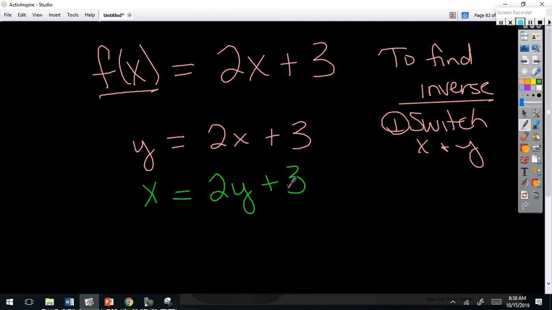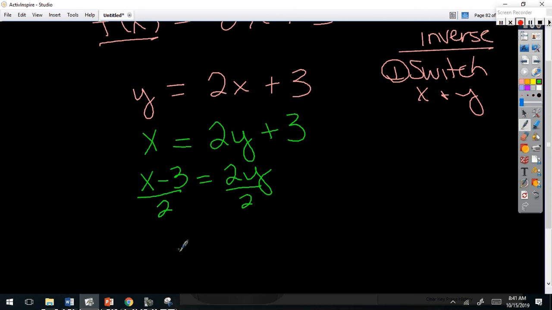Now I'm going to solve for y. So subtract 3 from both sides. Now how do I get y by itself? Divide by 2. So the new equation is y equals x minus 3 over 2.